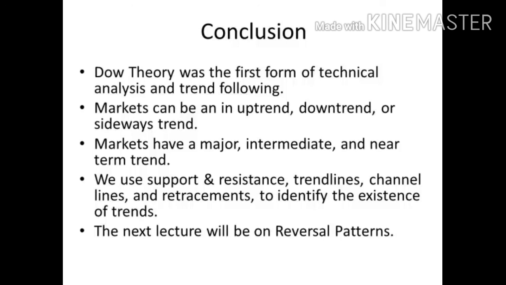Then we talked about major, intermediate, and near-term trends, that is, the different phases and types of trends. And then we talked about additional concepts like support and resistance, trend lines, channel lines, retracements, all of these tools to help us identify the existence of trends.